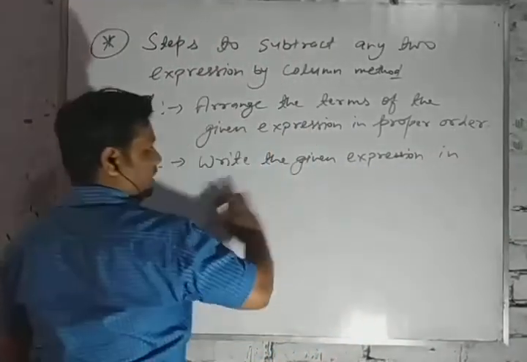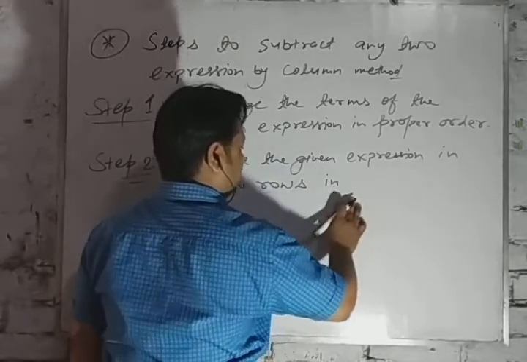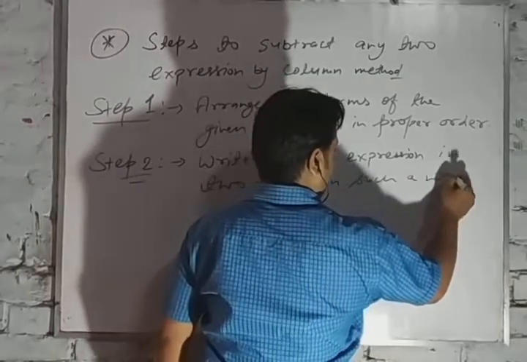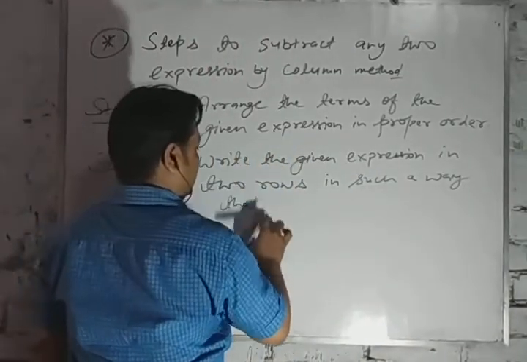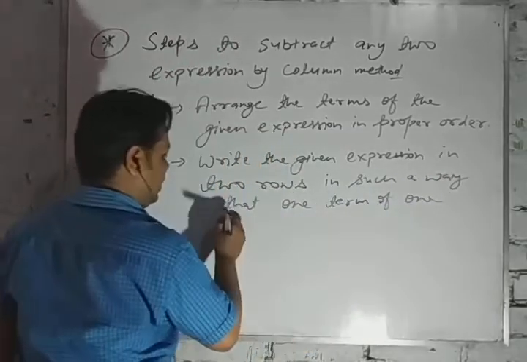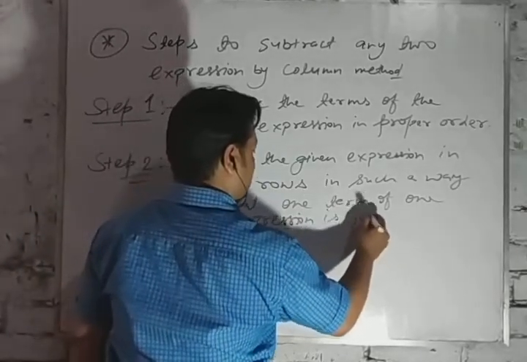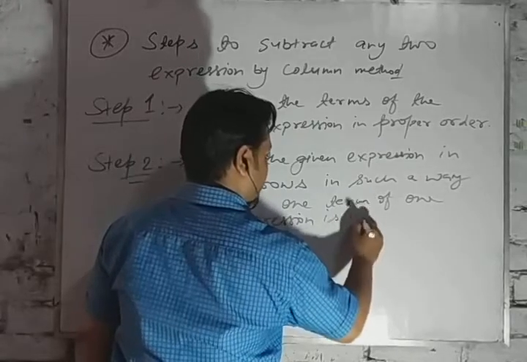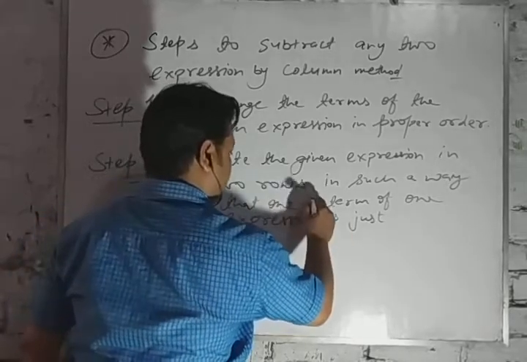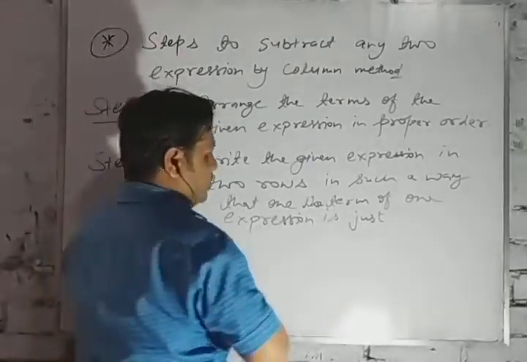We have to write the given expression in two rows in such a way that one term of one expression is just below. Now I am adding one more thing, that is, one like term of one expression is just below the other.